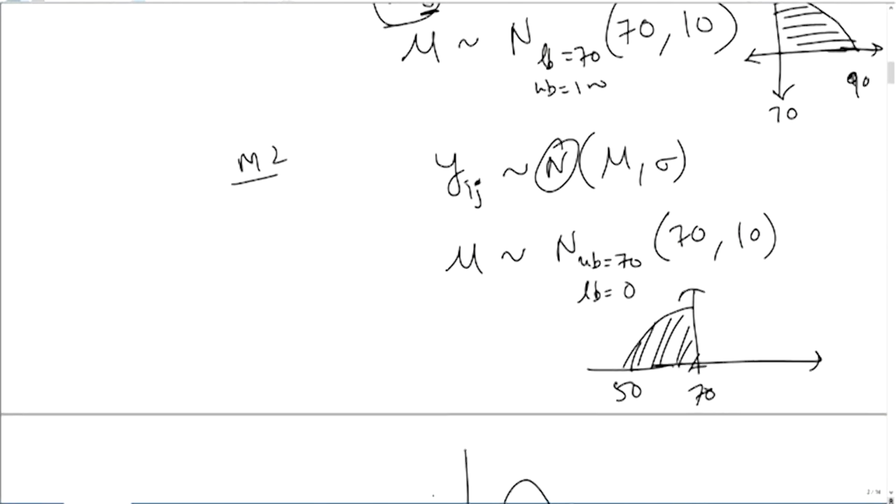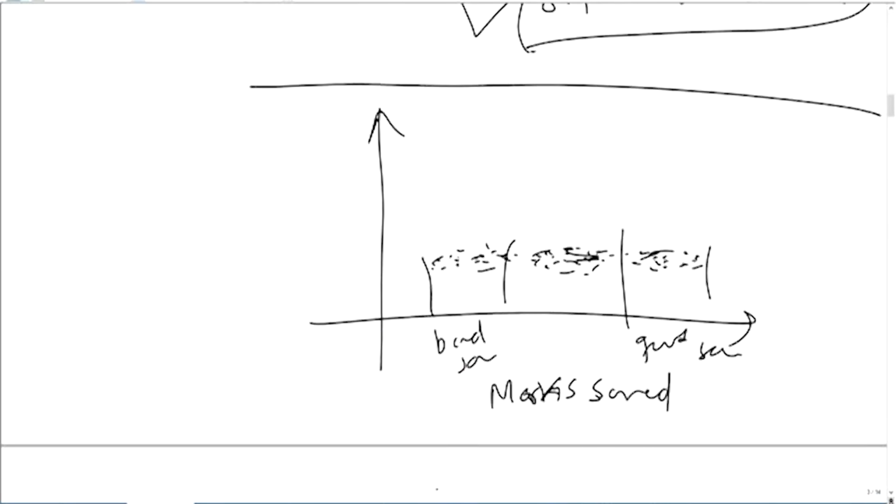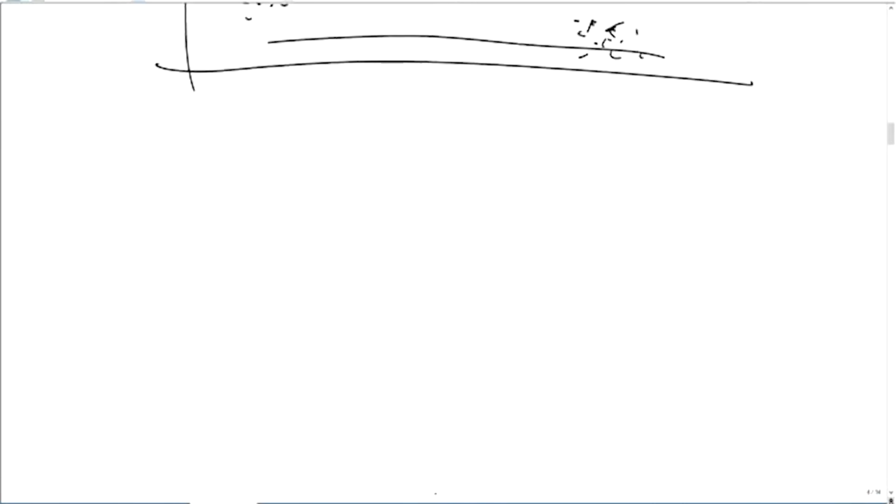So, in fact, a more reasonable assumption about these kind of scores would be this, that marks scored by ith student from jth school comes from normal mu j, sigma.